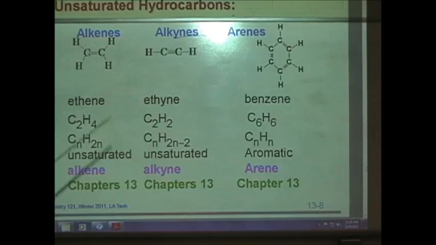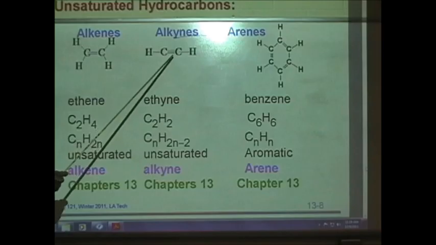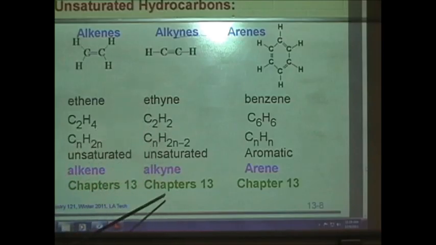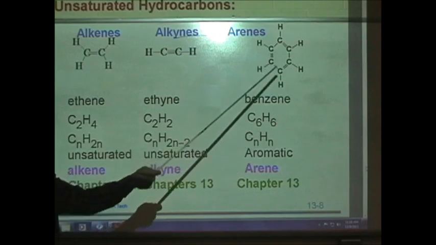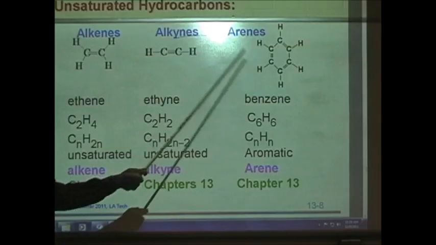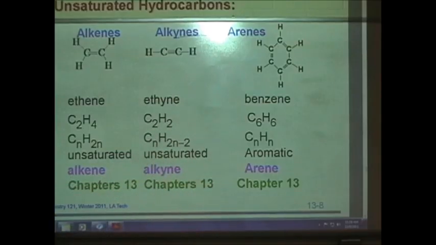Now the alkynes, unit of unsaturation is 2, and this one is aromatic, called arenes, all right? The general name for aromatic hydrocarbon is arene, right?